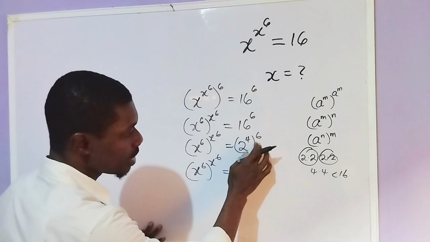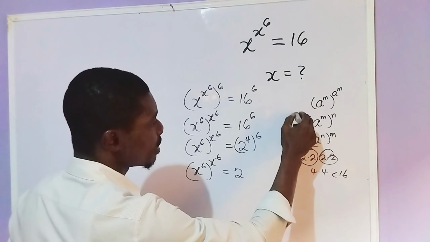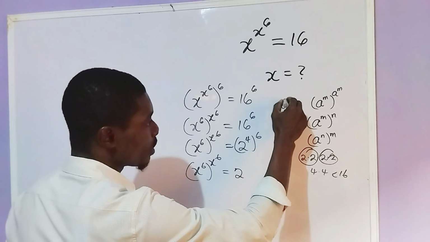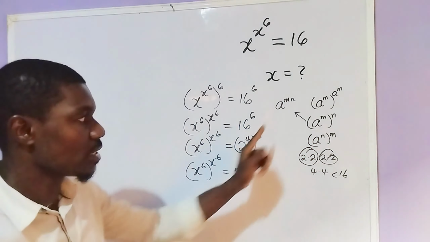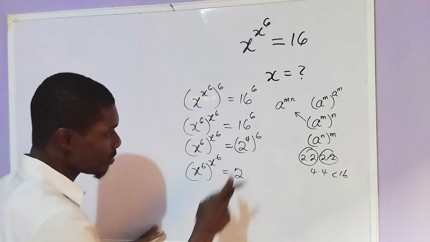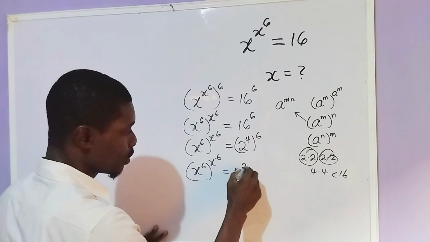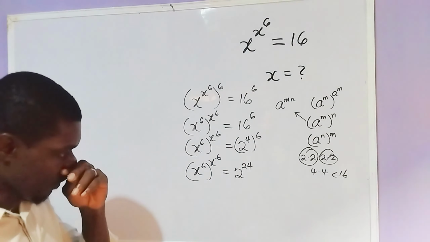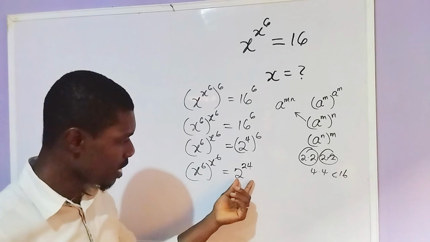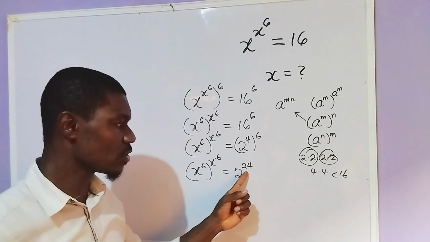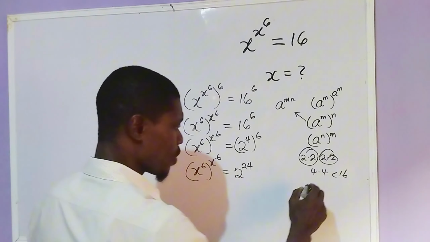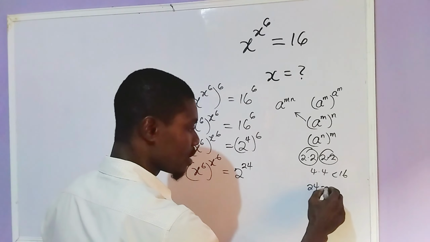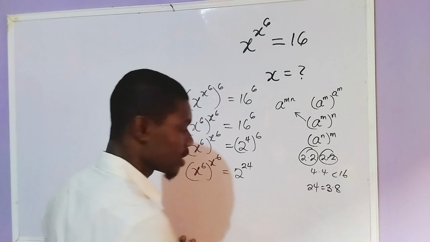Since we can also have this rule becoming a raised to the power of mn, where the exponent multiplies, applying this rule we now have 2 raised to the power of 24. Now, 24 can be simplified to 3 times 8.